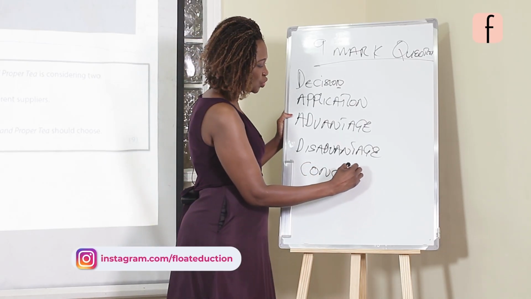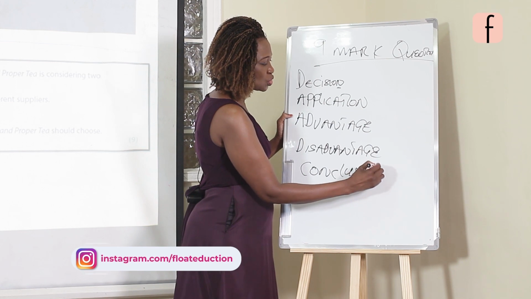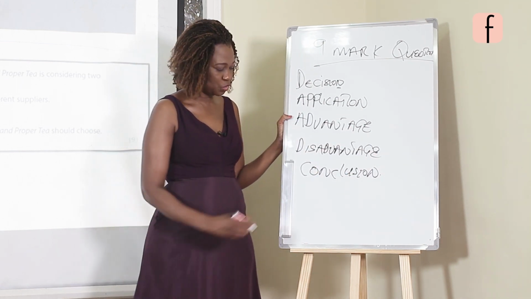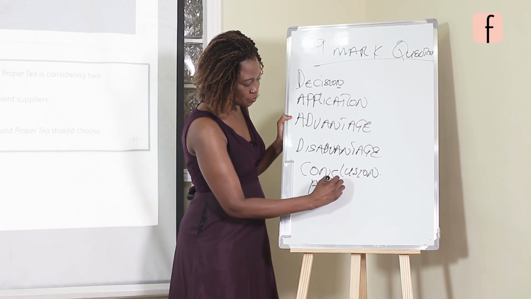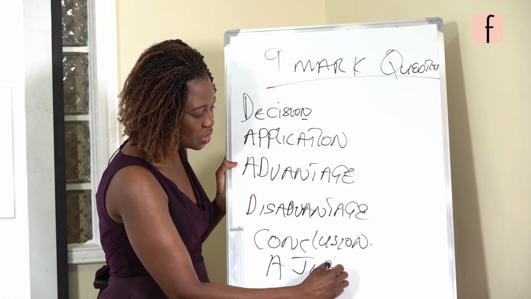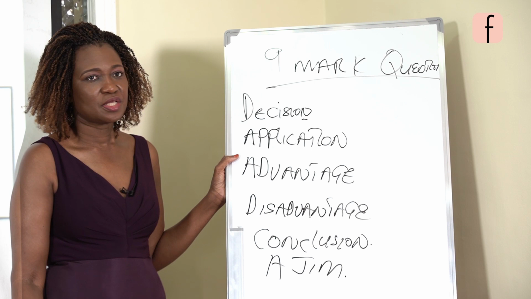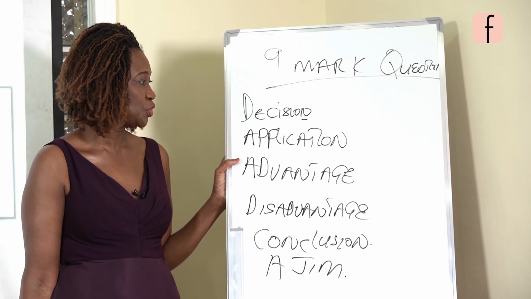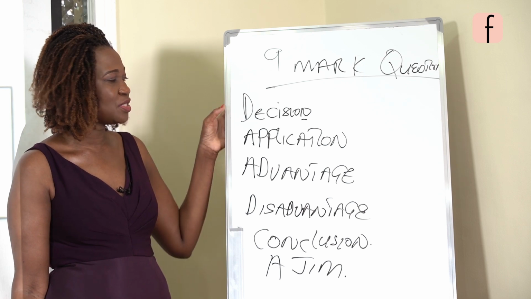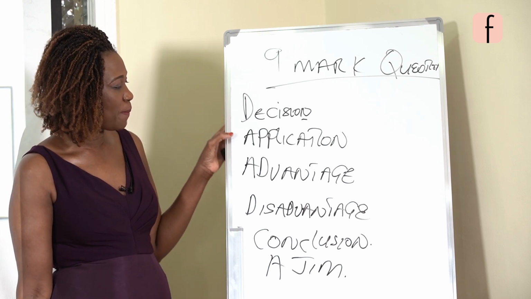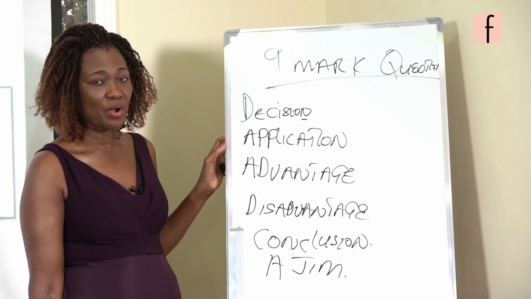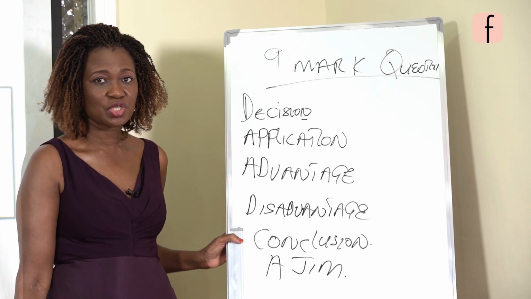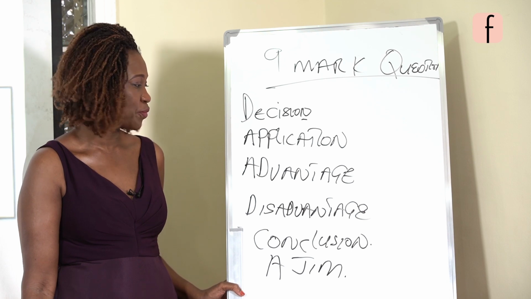In doing your conclusion, I want you to use the EGIM approach. You want to know how to do this? Please subscribe to my exam technique approach video. So first of all, you make the decision, you do your application, you talk about an advantage point, a disadvantage point, your conclusion, then you look at the EGIM approach.